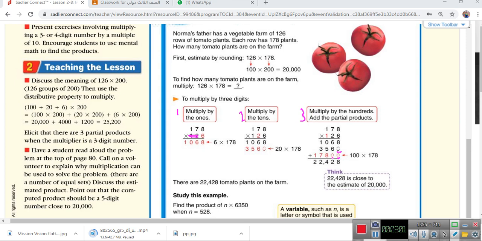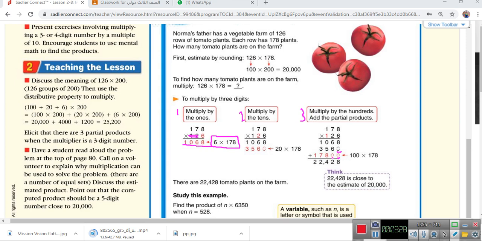And now 6 times 7, the answer is 42, plus 4, that's 46. So we write here 6, and we write up there 4. Then we have 6 times 1, the answer is 6, plus 4, the answer is 10. So this is the answer of multiplying the whole number with the ones.